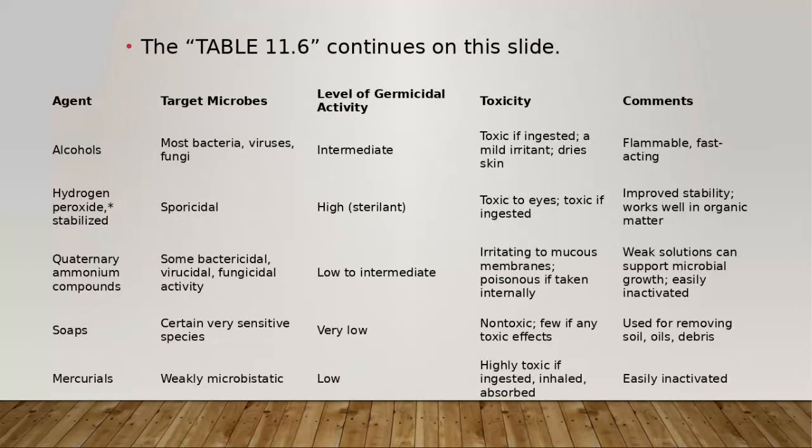Okay, alcohols, maybe this is the one we use most of the time to clean or disinfect some area, or even clean part of our skin or body. Mostly used for bacteria, viruses, and fungi. They are intermediate level. It is toxic if ingested.